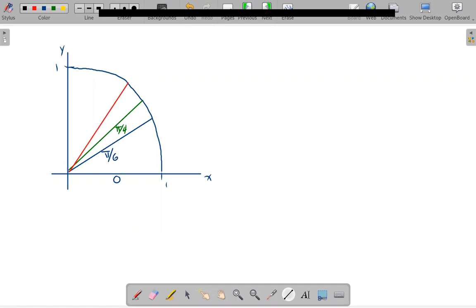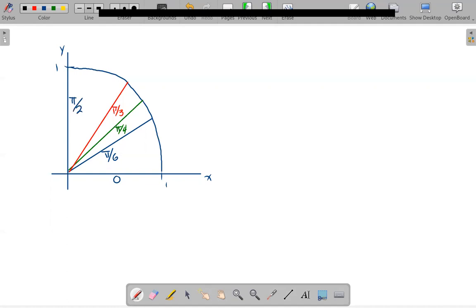And then pi over 3 radians is about there. And again, the pi over 6, pi over 4, pi over 3 are related to degrees, 30, 45, and 60. I need you to know the radians. And then up at the top here, the angle that makes a right angle is also pi over 2 radians.